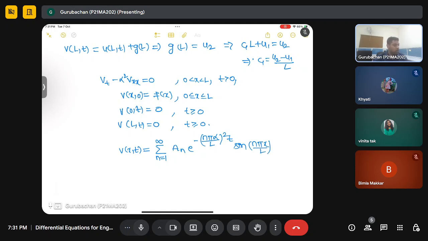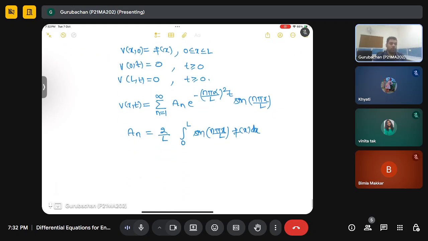And a_n can be found as 2 by l times the integral from 0 to l of sine n pi x by l f(x) dx.